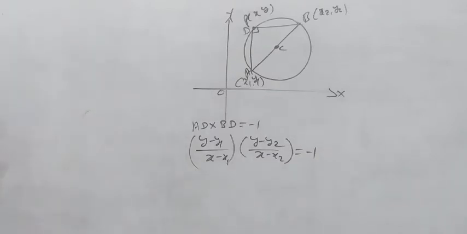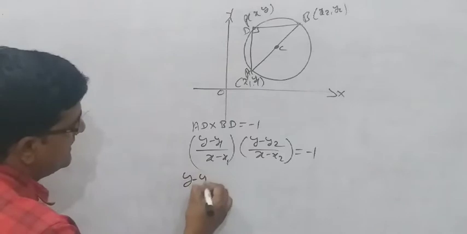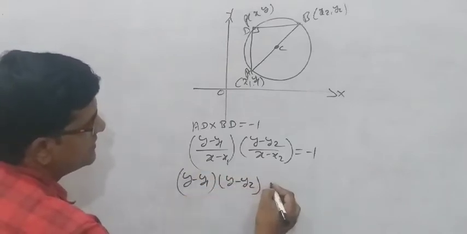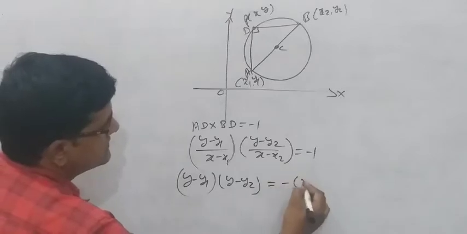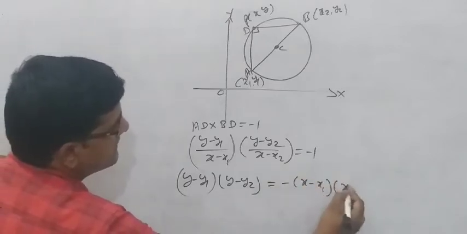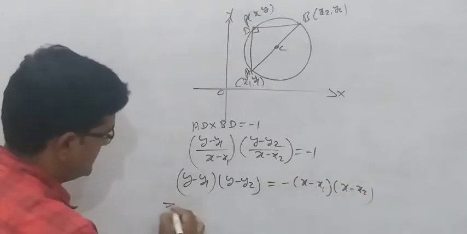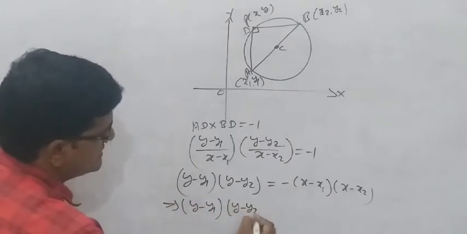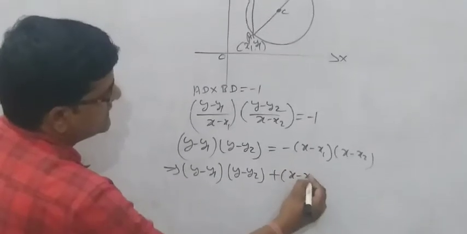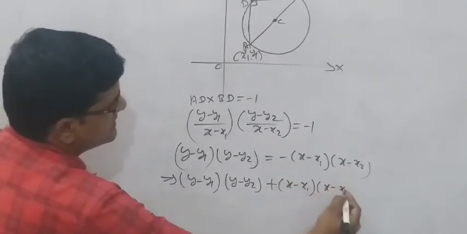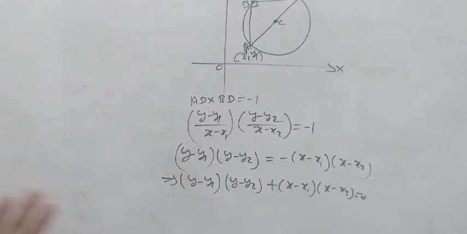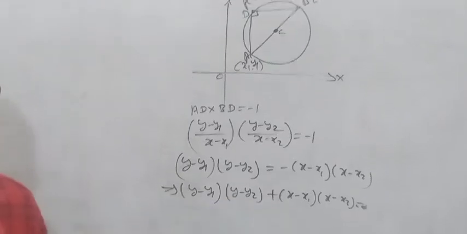After that, (y minus y1)(y minus y2) is equal to minus (x minus x1)(x minus x2), so (y minus y1)(y minus y2) plus (x minus x1)(x minus x2) is equal to 0. If the coordinates of the diameter are given, with the help of this formula we can find the equation of the circle.